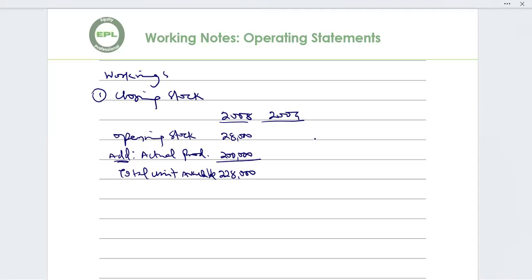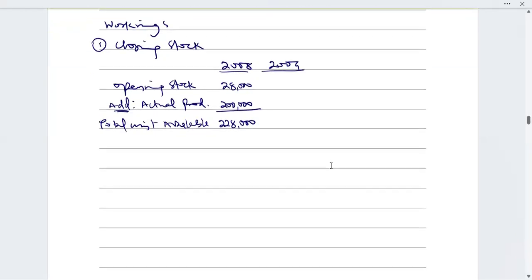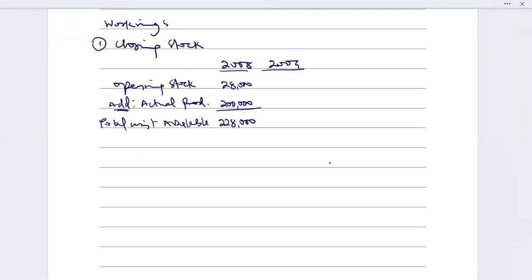Let me write that because of space, too tiny. Total units available. Then after this, you need to less sales. So then less units sold. In 2008, how many units were sold?